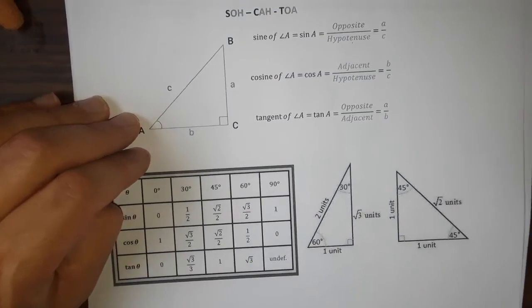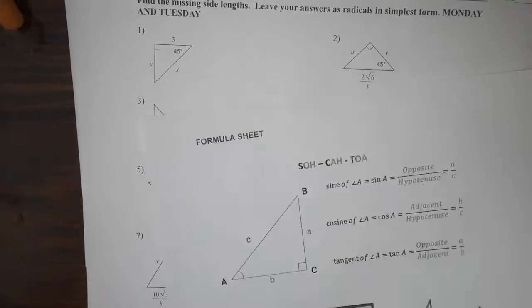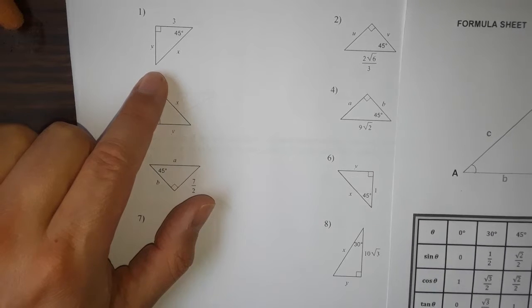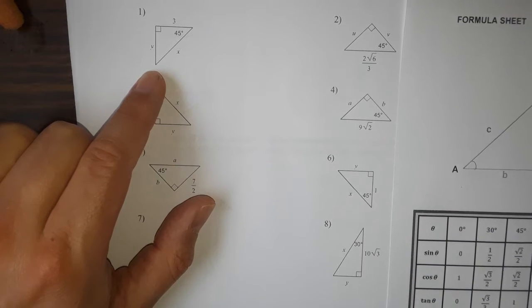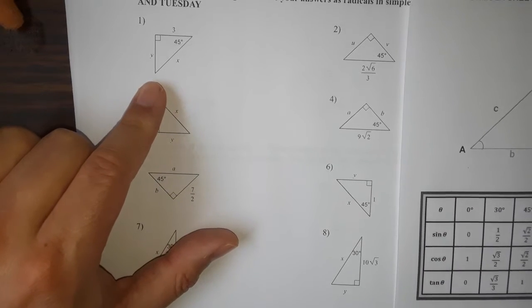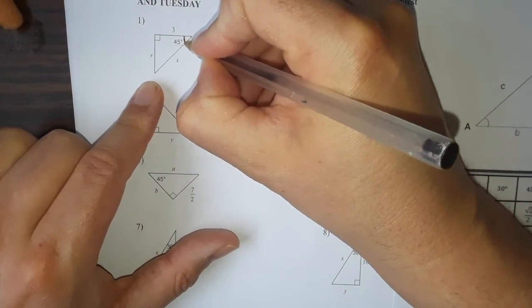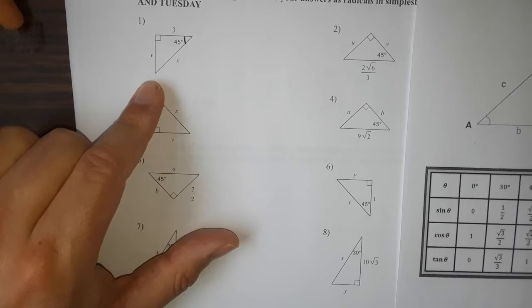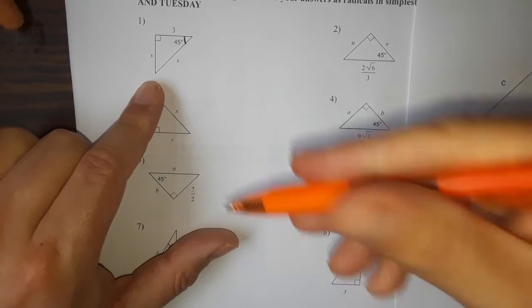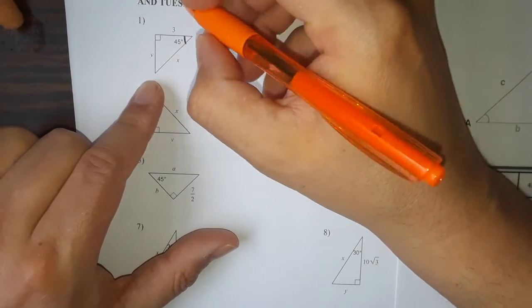And then the first exercise we have for this week is a special triangle. It's special because if you look at it, it has a 45 angle here. This is a 45 angle.